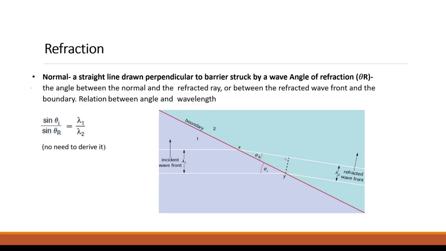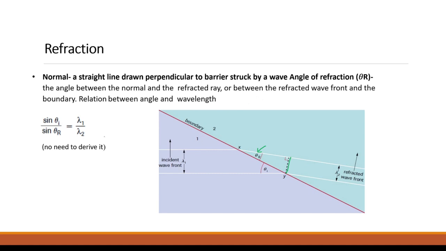So just to review again, for a normal, in refraction, it's a straight line drawn perpendicular to the barrier struck by a wave. So we have this, and the angle of refraction is theta r, the angle between the normal and the refracted ray, so right here, or it's between the refracted wave front and the boundary if we have a front.